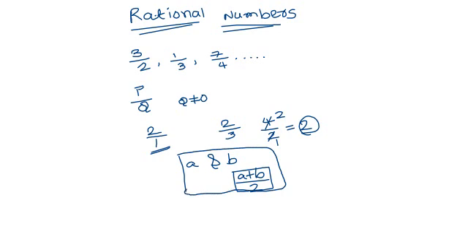So we have properties also. What kind of properties are there? I am going to explain to you. So listen. We have different types of properties. First of all, the closure property.